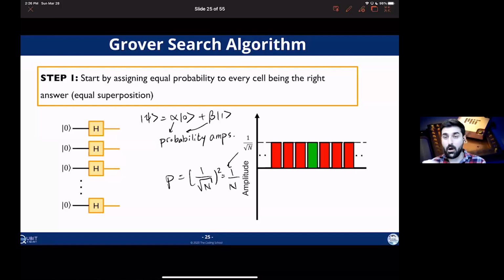And the corresponding probabilities of measuring 0 and 1 were the absolute value of alpha squared, and the absolute value of beta squared.